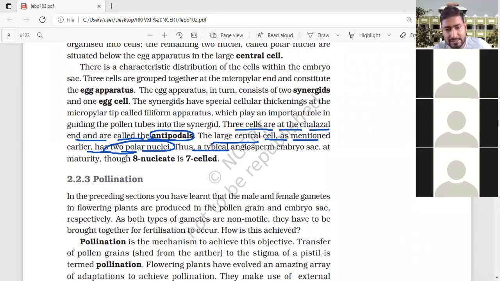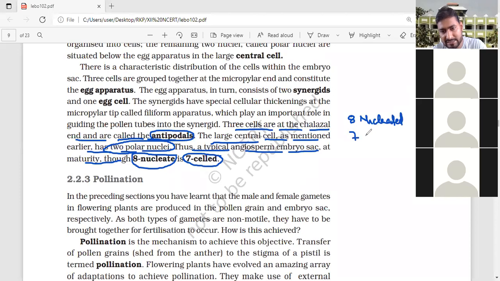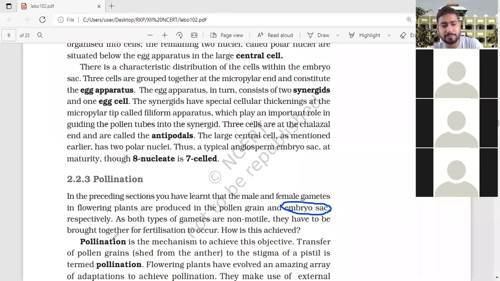Thus, a typical angiosperm embryo sac at maturity is an 8-nucleate, 7-celled structure. Clear? Very, very important. This is a PYQ: the 8-nucleate, 7-celled structure of the embryo sac of angiosperms.